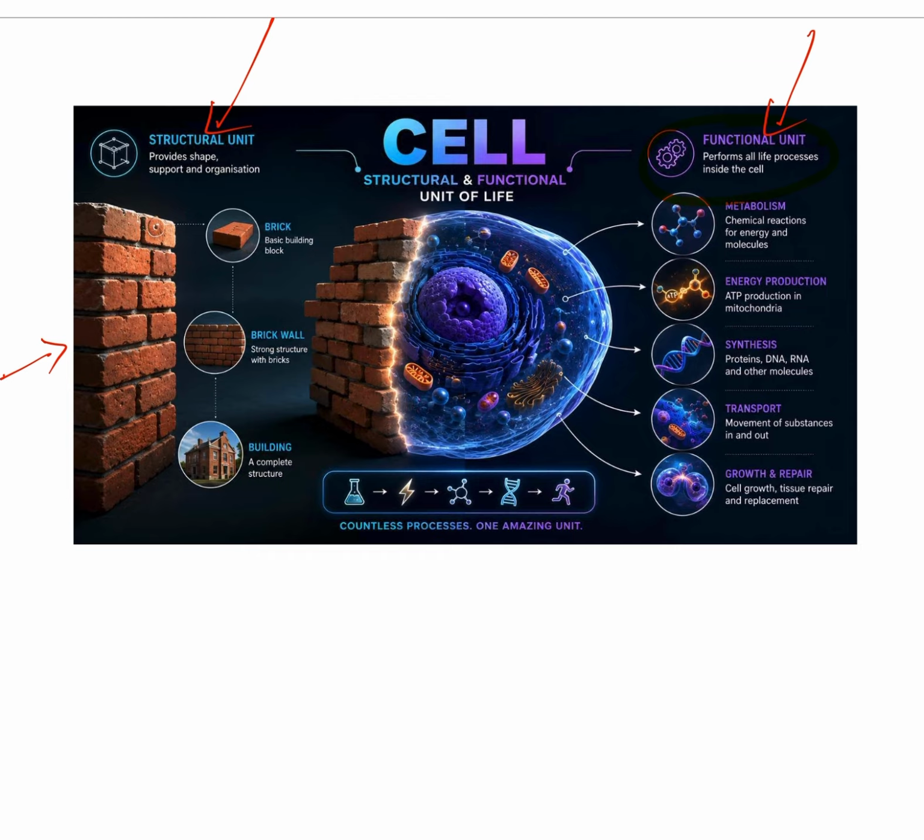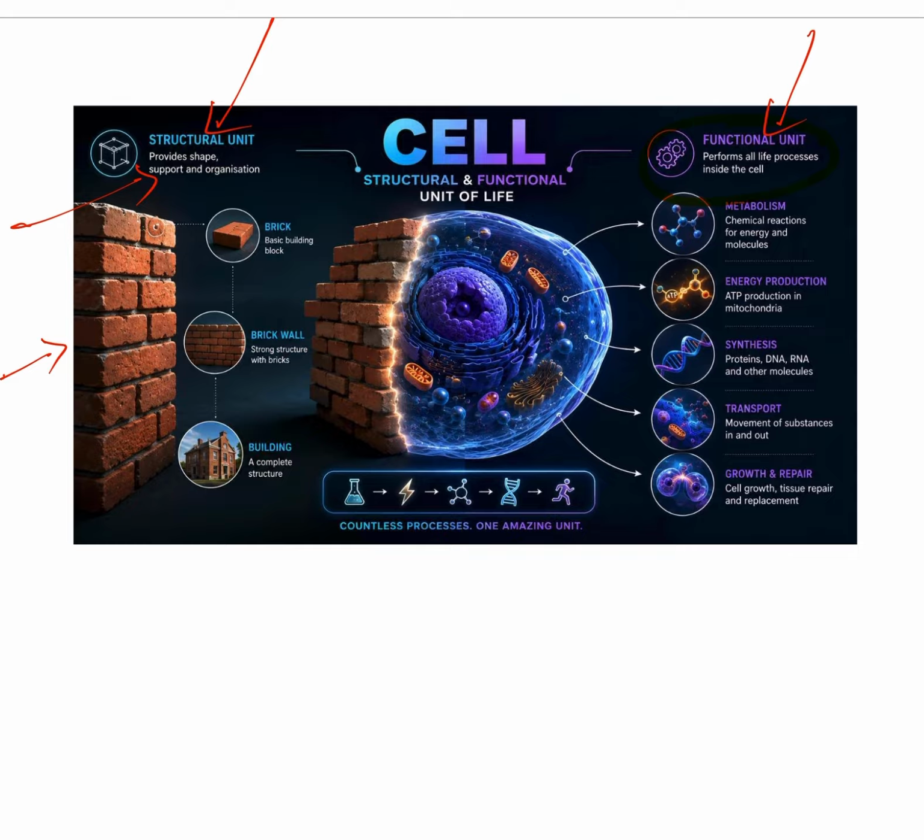They may look different, their function is definitely different, but they are all cells. That's why we can say that it's a structural unit of life. It provides shape, support and organization.